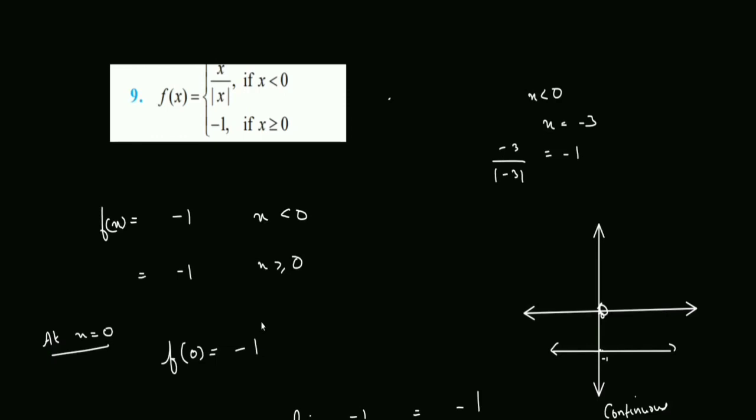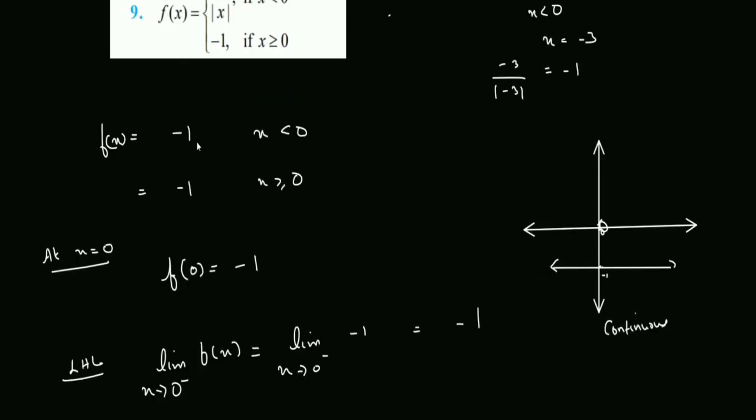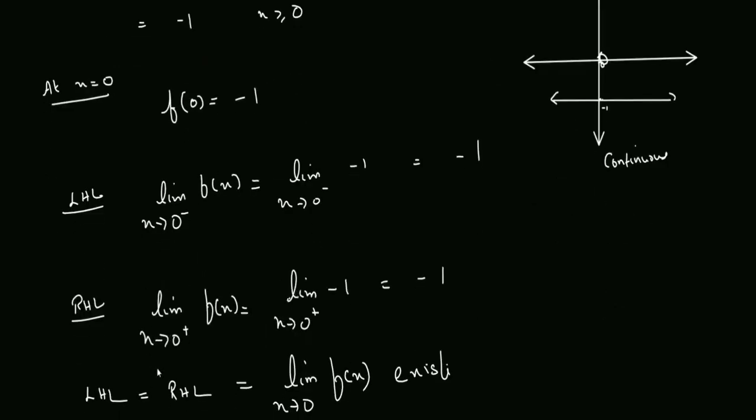Anyway, we have to prove it. At 0, f of 0 is minus 1 because it is given. Left of 0 it is minus 1, a constant. Right of 0 it is minus 1. That means the left hand limit is equal to the right hand limit, so the function is continuous. If there is no break at 0, the function is continuous everywhere.